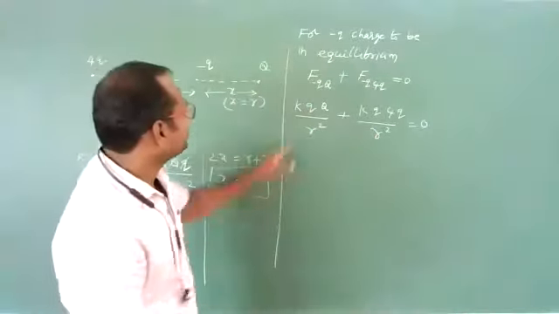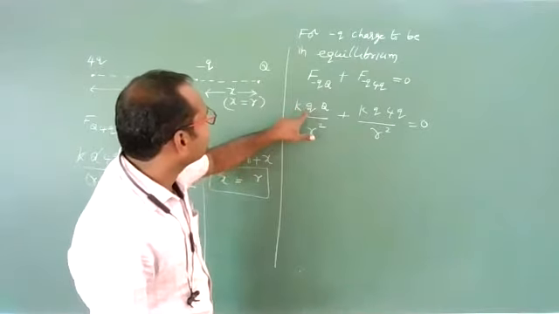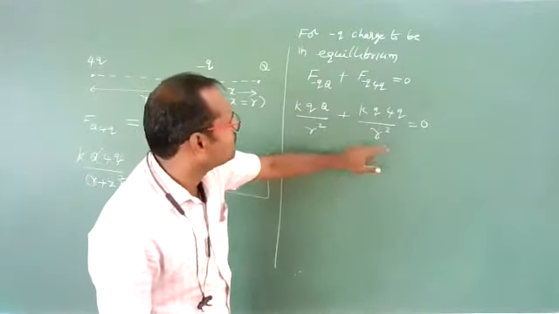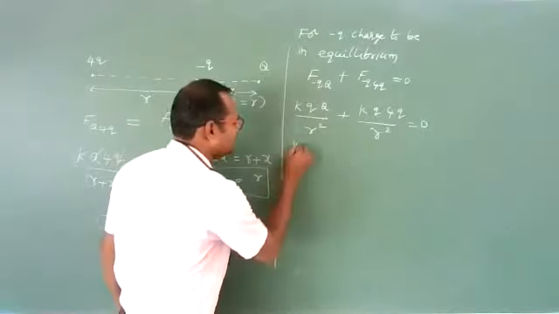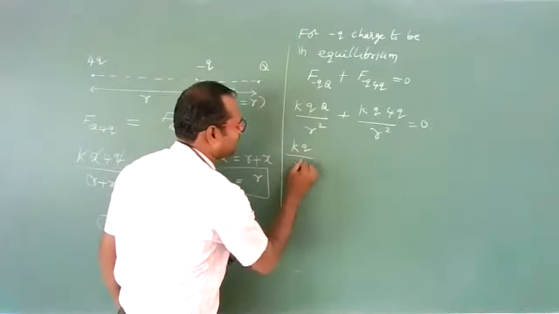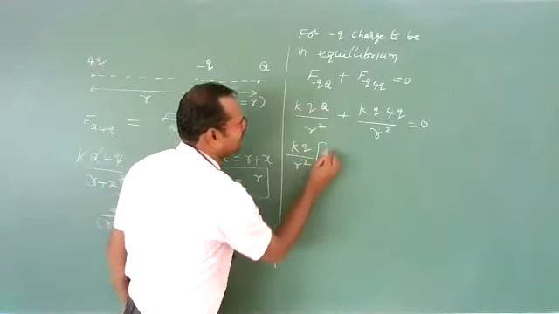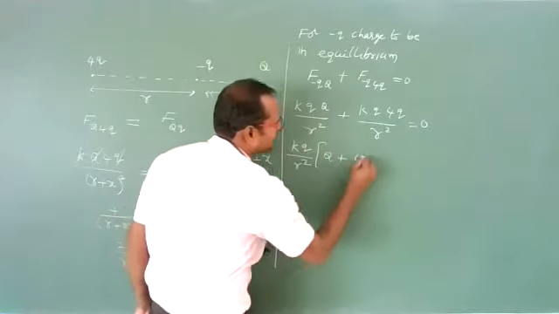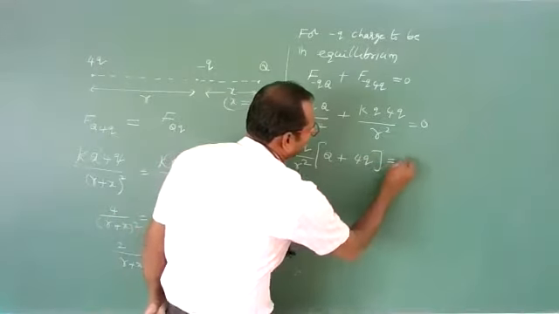From this we can take K q by r square common. What we will have is capital Q plus 4q equals 0.